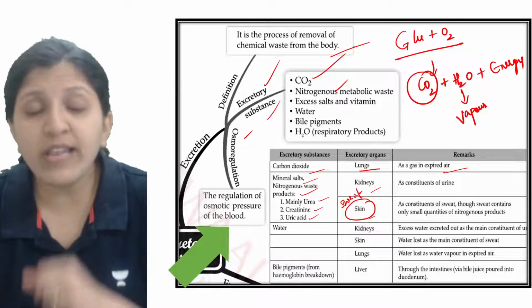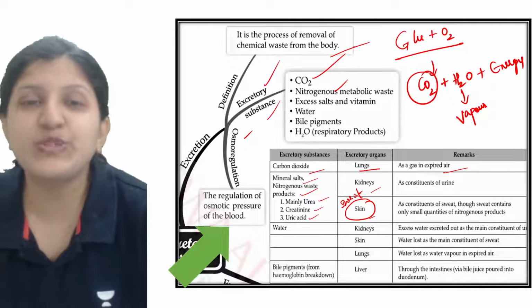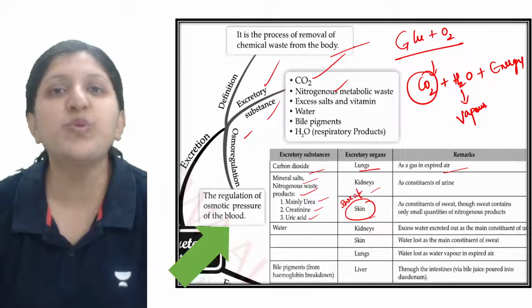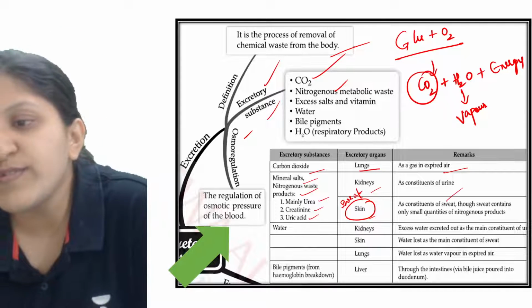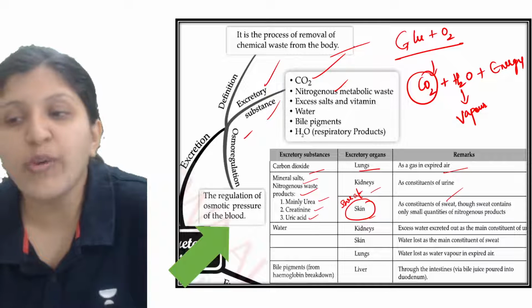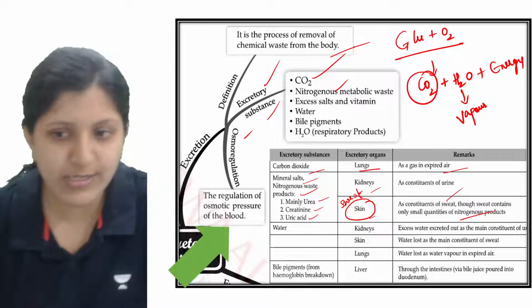But specifically the sweat production does not occur to get rid of urea. It is just to cool down the body. As a constituent, sweat contains only a small quantity of this nitrogenous waste, only in traces.